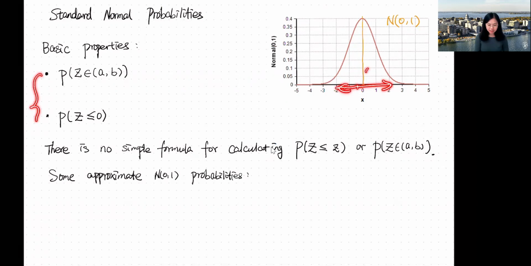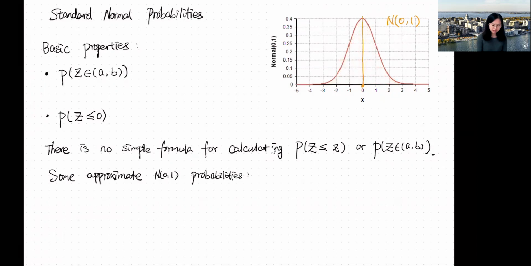The symmetry tells us that the probability that the random variable is less than its expectation, less than the center, the probability that z is less than 0, should be 1/2, because that probability should be the same as the probability that z is greater than 0. These two parts should add up to 1 and be equal, therefore each should be 1/2.